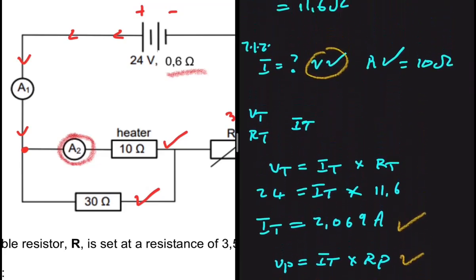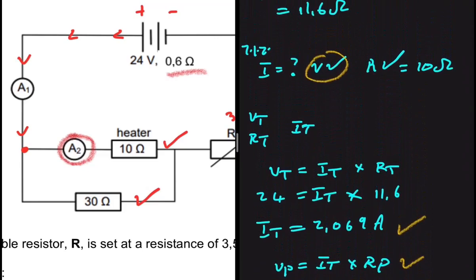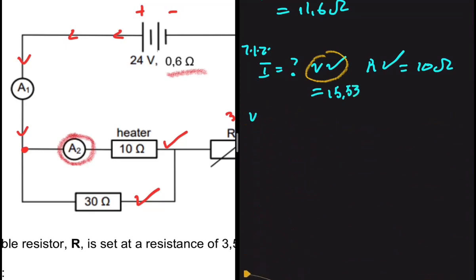Let's go back to our initial information. Now we have VP. We can say that this V here is equal to 15.53 volts. So now we can go ahead and find our current, because we have VP. The current on that path will be equal to VP divided by the resistance on that path.